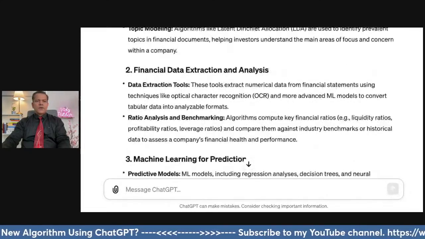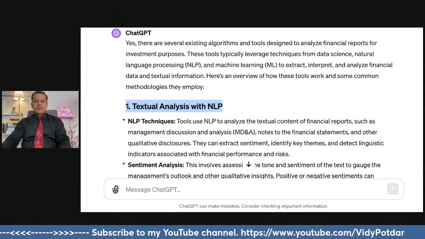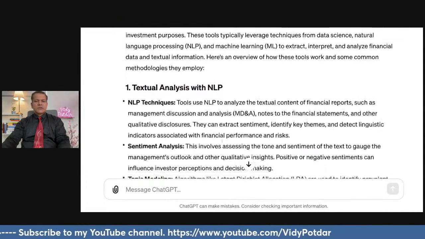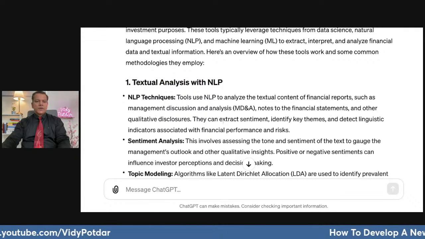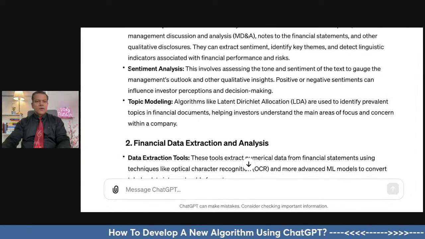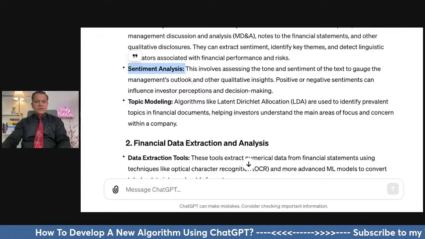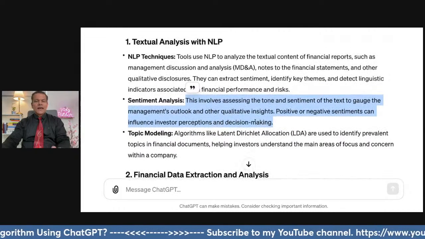So what do we have here? We have text analysis with NLP. NLP is natural language processing. So if you have a financial report, we could run it through an NLP algorithm to identify some of these 12 items that were mentioned earlier on. We can also apply sentiment analysis to ascertain what is the overall sentiment in that report.